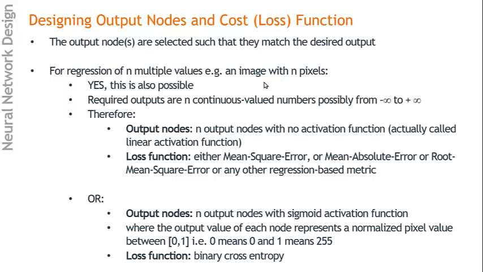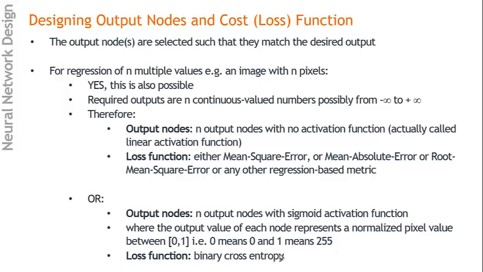So you could just create one output node for each pixel and use the same linear regression scheme that we talked about in the previous slide. But it's probably better to have a sigmoid activation function that will guarantee that your output's between 0 and 1. And then you just scale up. You just multiply your result by 255 to give you the correct pixel value or the predicted pixel value.